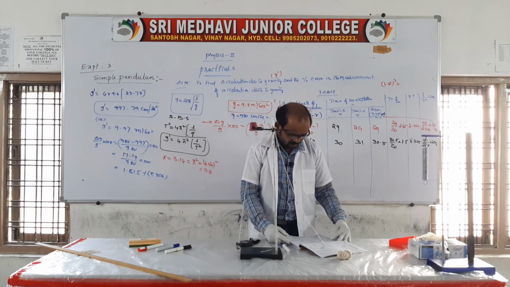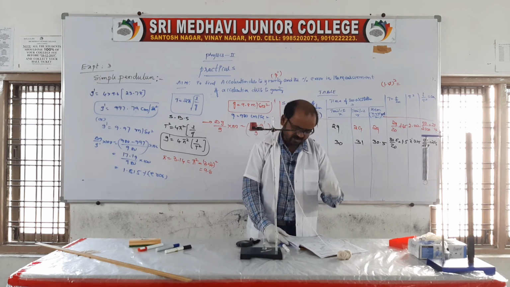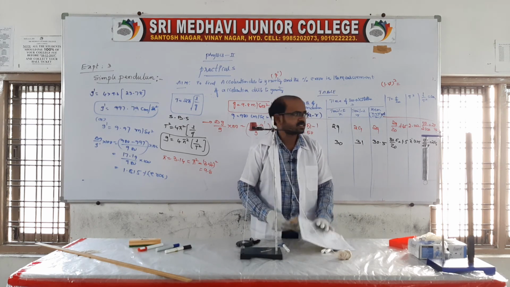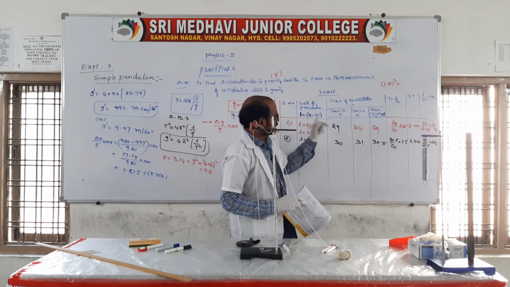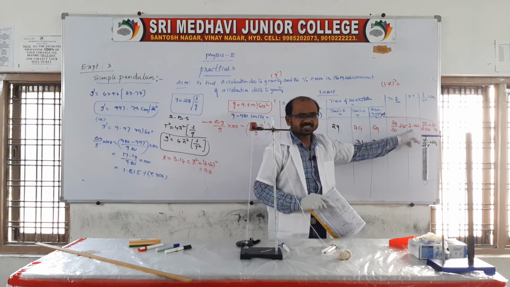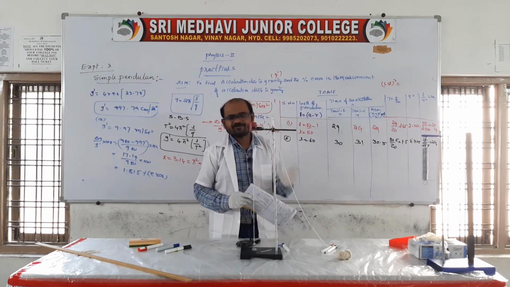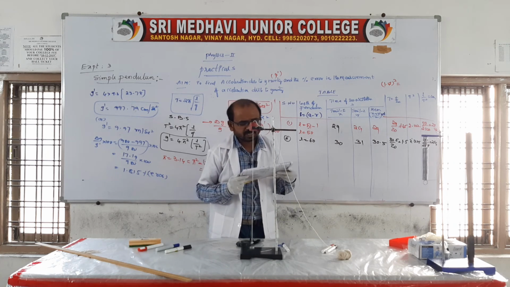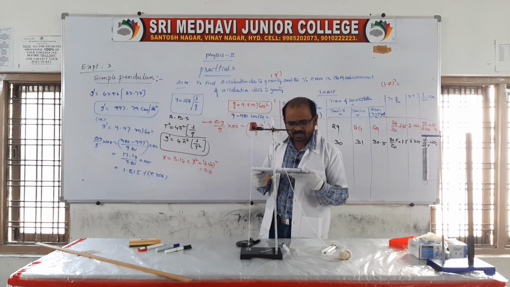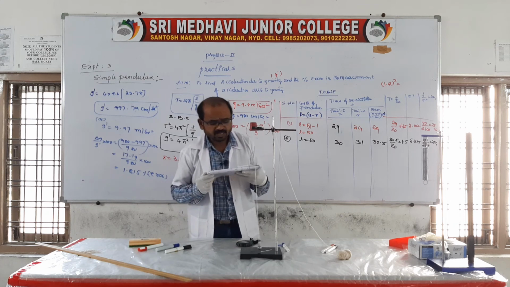The L-T square graph will be a straight line, of course. L we know, and t square also we know. Use these values and plot a graph. We can also find the length of the seconds pendulum.